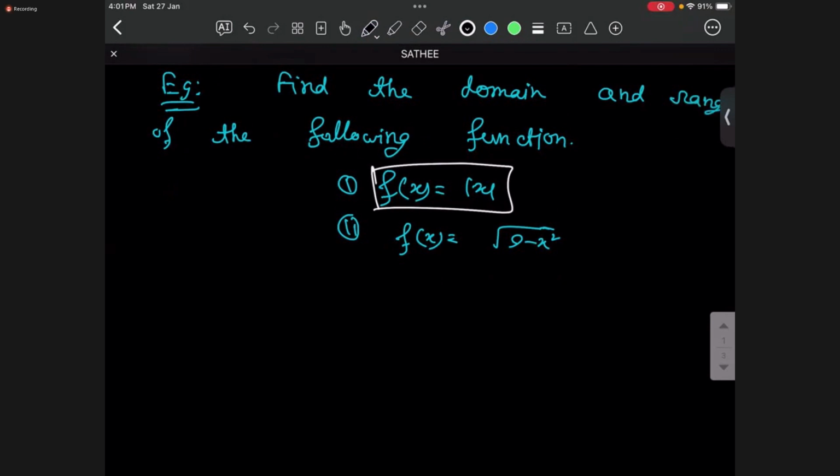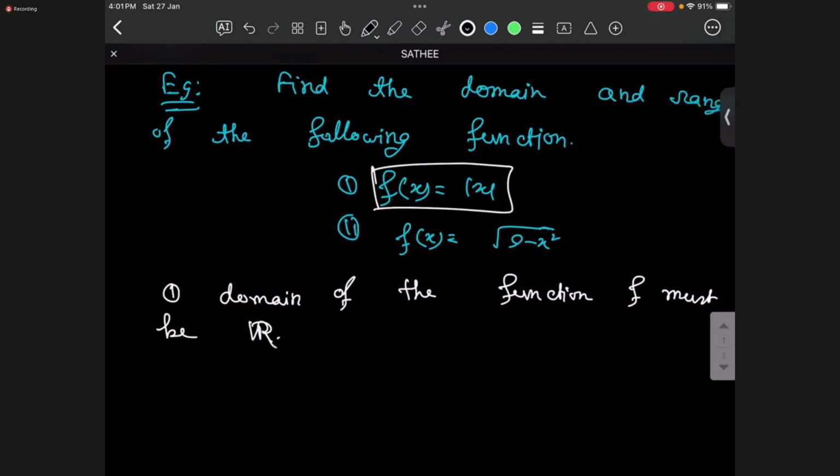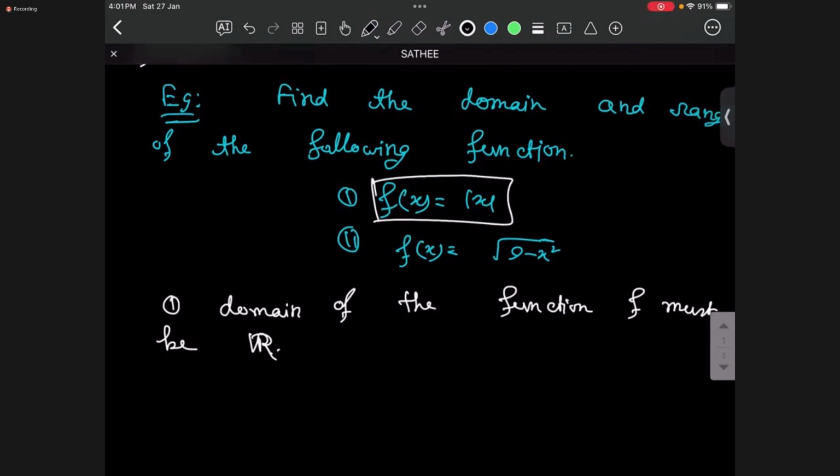So the domain of the function f must be R, because for all x belonging to R we can have mod x, the positive value of every real number.